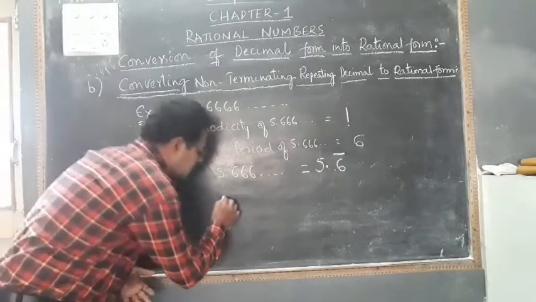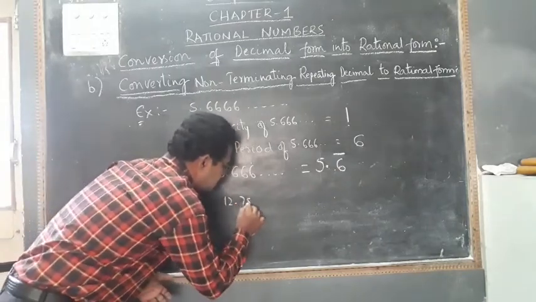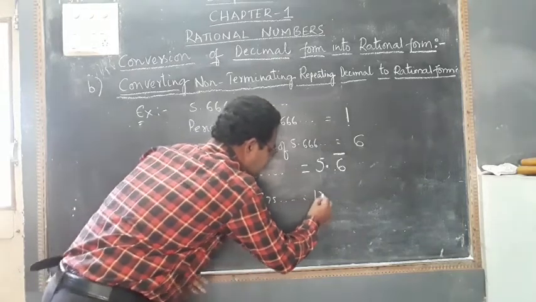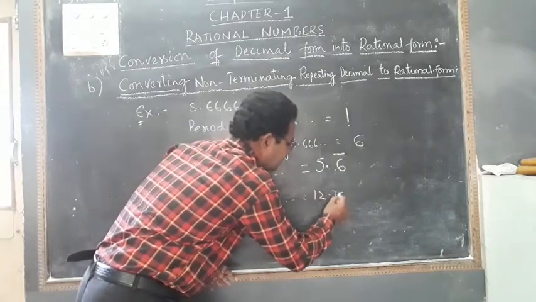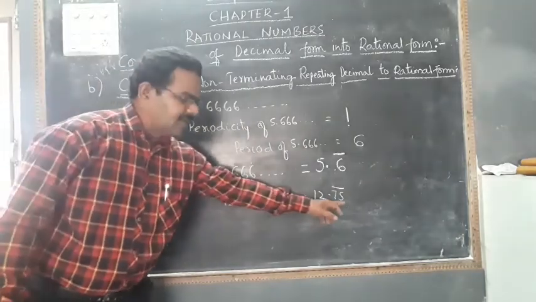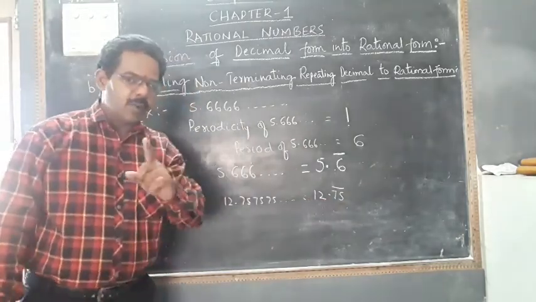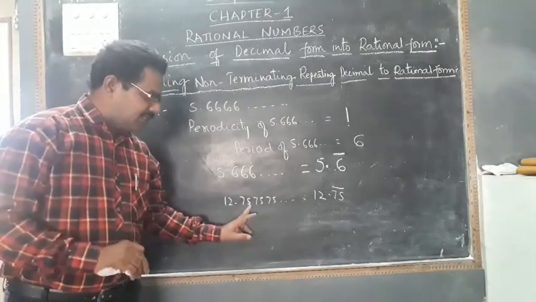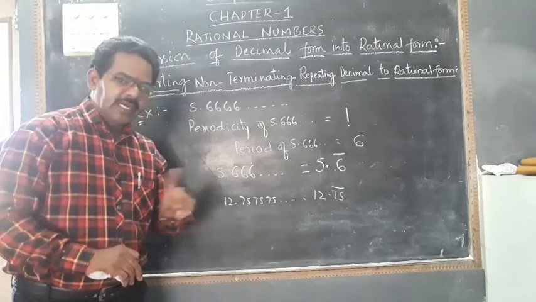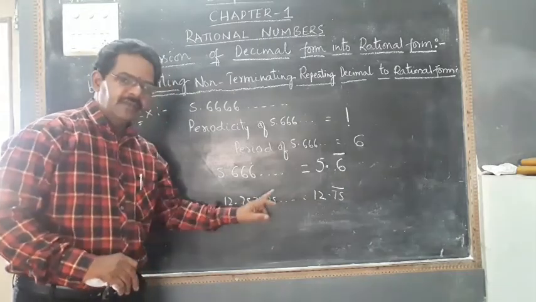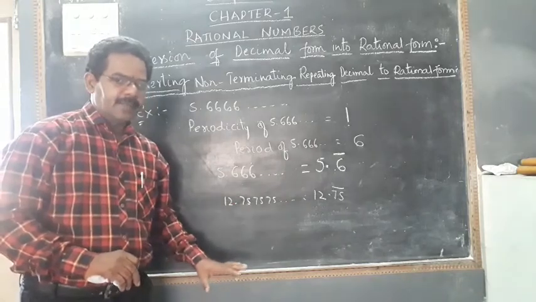Suppose I take another example, 12.757575 like this. For this we can write 12.75 bar. That means 75 is repeating. You have to remember one thing: after the decimal point, don't read this as 75, 75, 75 with the digits separately. It is not correct. You have to read it as 75, 75, 75 as a pair.